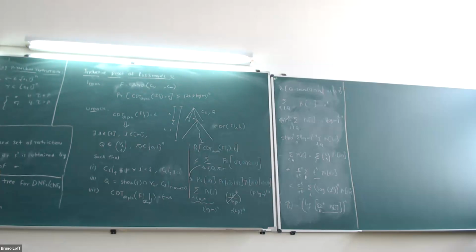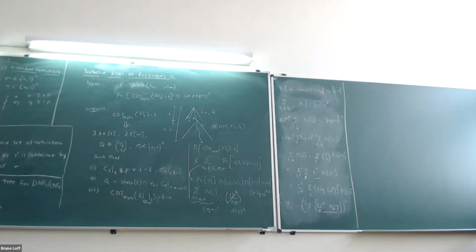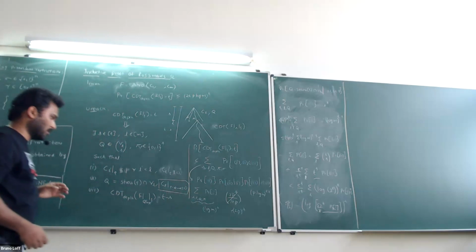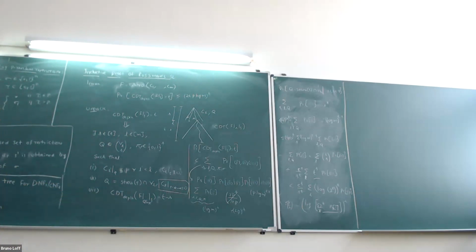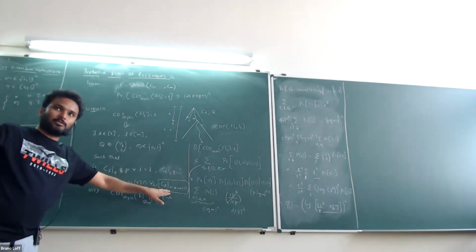You want to say all the clauses have at least one variable. Okay, so it's not exactly coming from this statement, but the 1 by 2 part is actually coming from this.